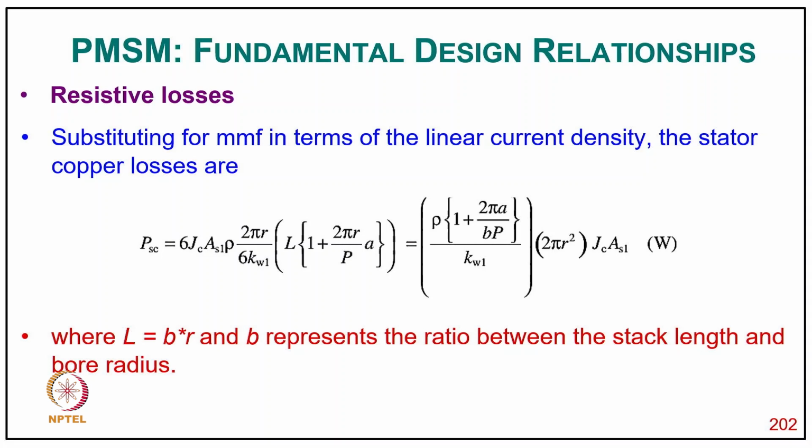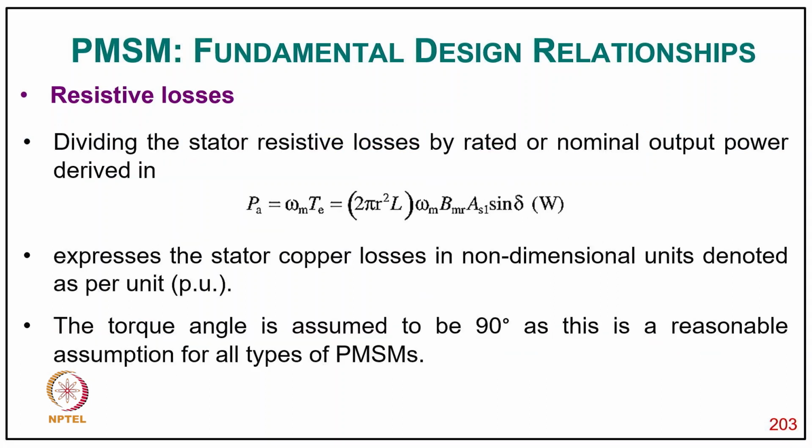Substituting the MMF in terms of linear current density, the stator copper loss is PS equal to 6 JC AS1 rho 2 pi R upon KW1, in bracket L times 1 plus 2 pi R upon P into A, equal to rho in bracket 1 plus 2 pi R A, 2 pi A upon BP divided by KW1 into 2 pi R square JC into AS1 in watts, where L is equal to B into R, where B represents the ratio between the stack length and the bore radius.